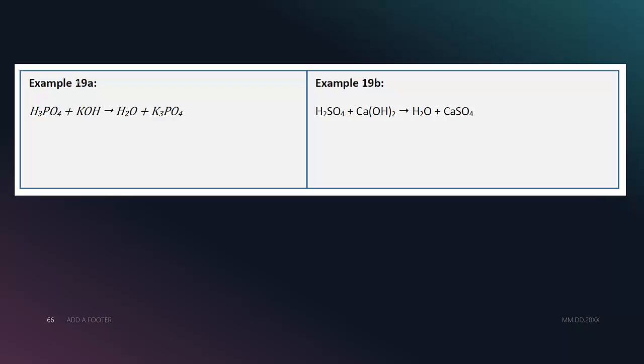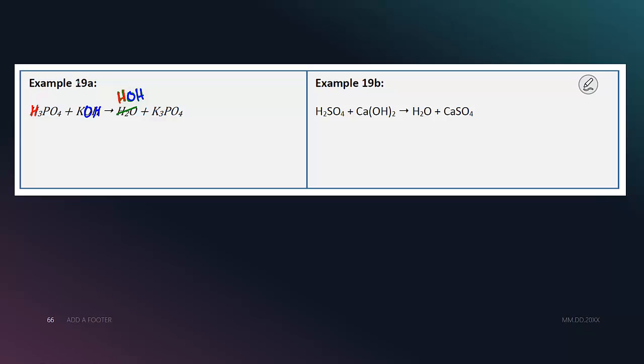Acid-base reactions are fairly simple to balance if you remember that water can be rewritten as hydrogen hydroxide, HOH, because that HOH will tell you where the hydrogens from your acid went and the hydroxides from your base went.